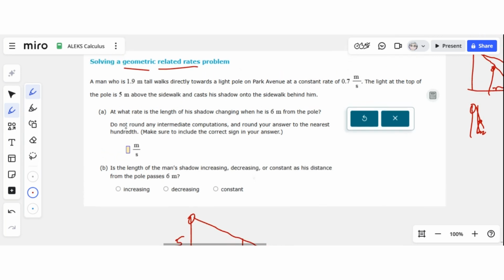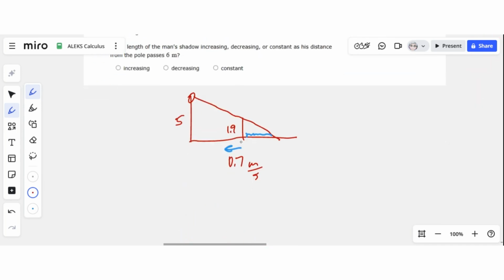And then the question asks, at what rate is the length of the shadow changing when he is 6 meters from the pole? So at this moment, let's call this X and this Y, these things are going to change as he moves, but at this moment, X equals 6.